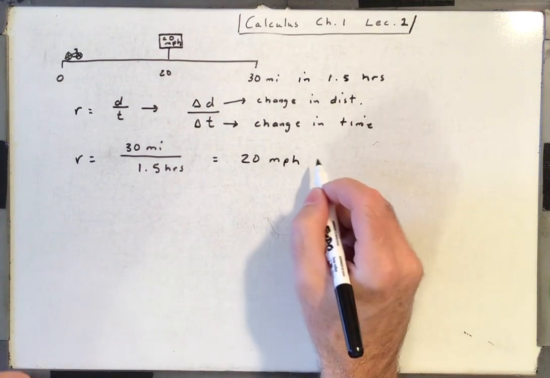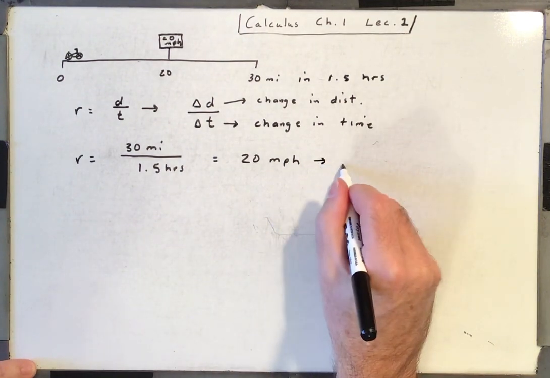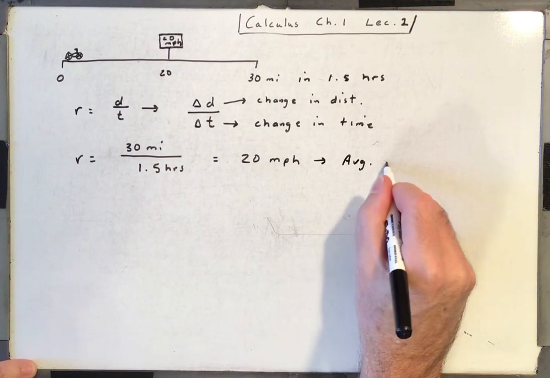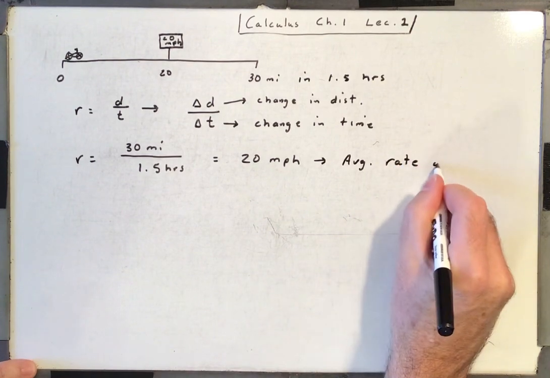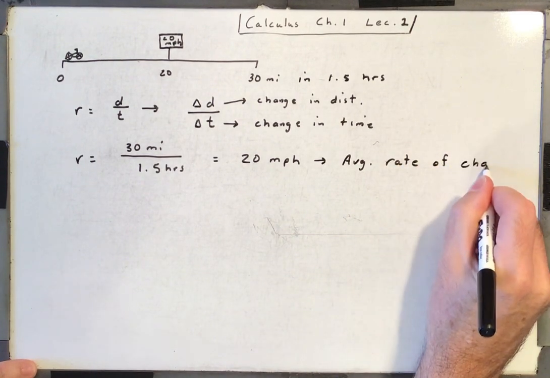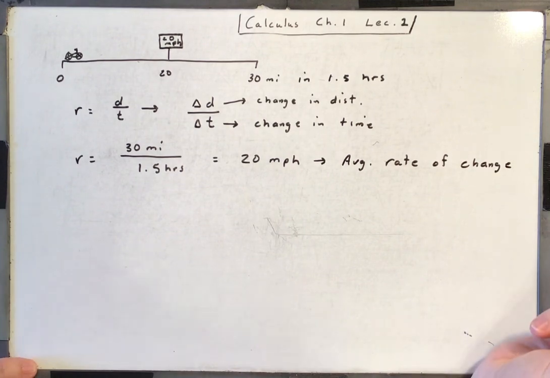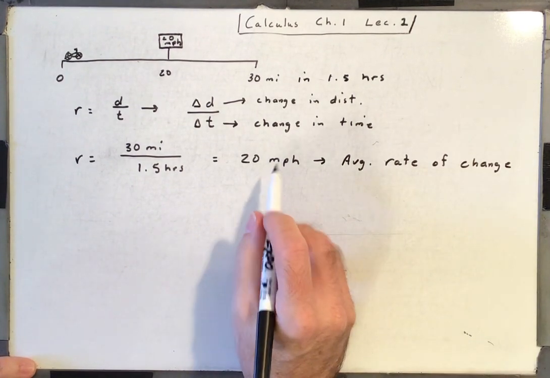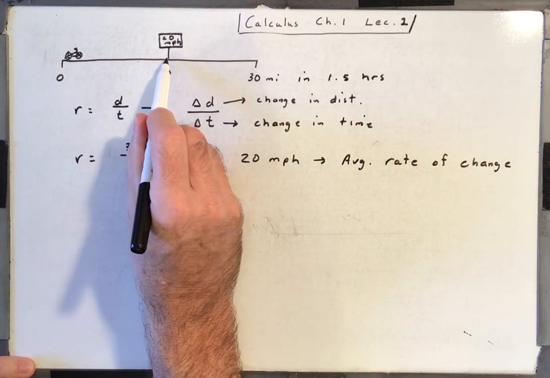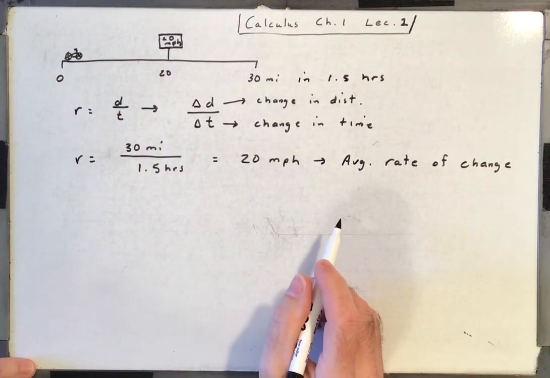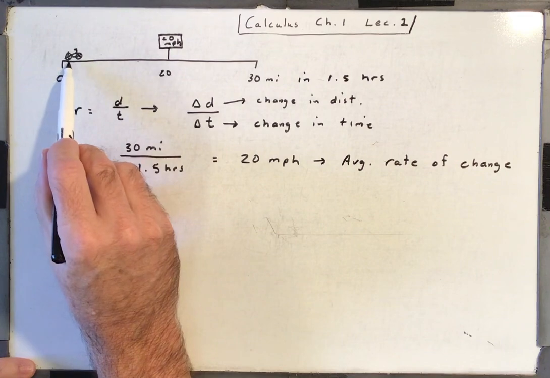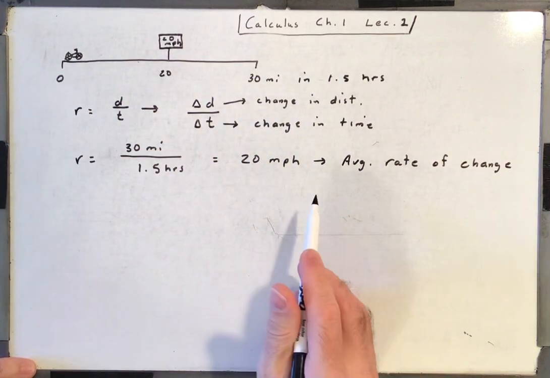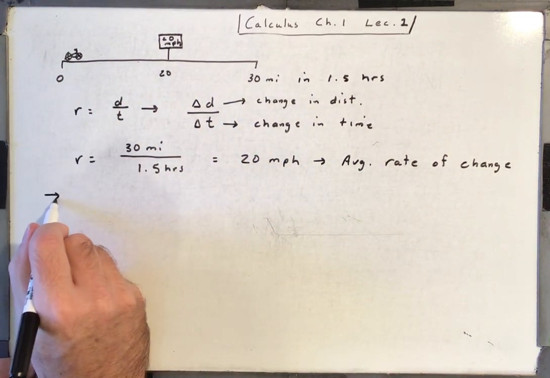But that actually doesn't answer the question. That's just the average rate of change. Algebra will give you that answer. So that's not telling you what was his exact speed at the 20 miles an hour sign. That tells you what was the average rate of change for the whole trip, what we just did. So let's write that down.